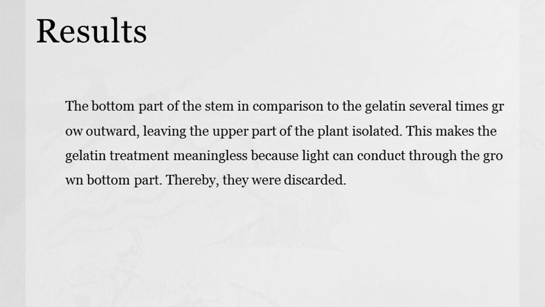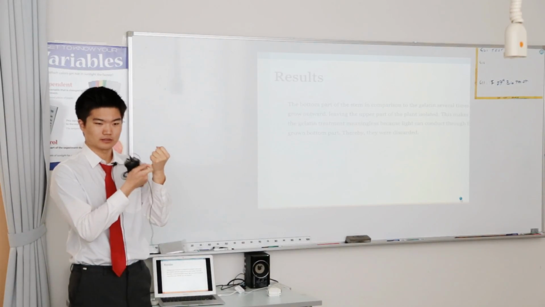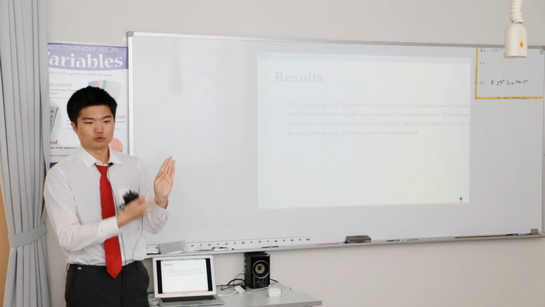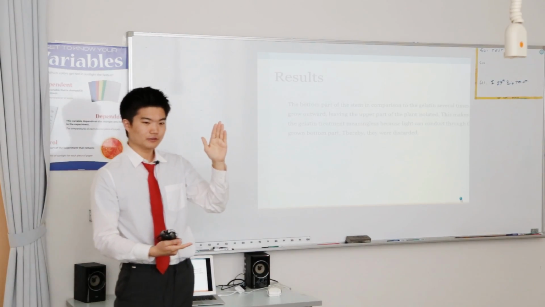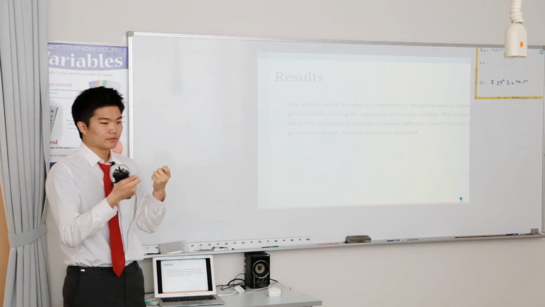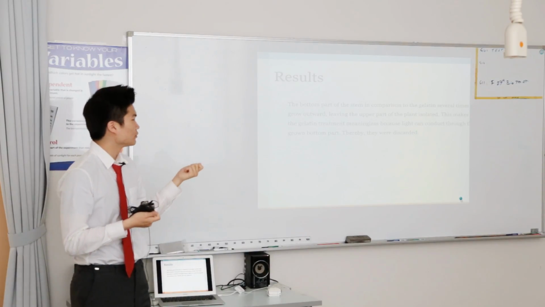The main reason is that when I cut the plant, although the gelatin can be a medium that transports water-soluble things, because it's cut, the hormones were concentrated in the part that is cut, and the bottom part connected to the root grew in a different direction because the tape was not folded tight. So I had to give up 20 trials.